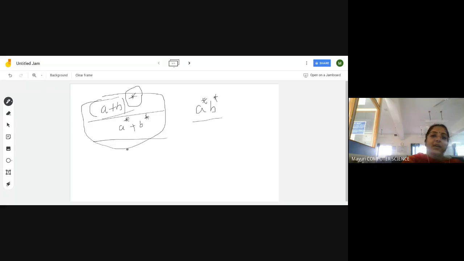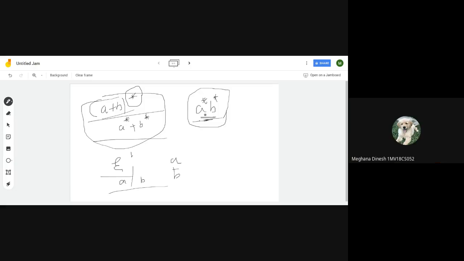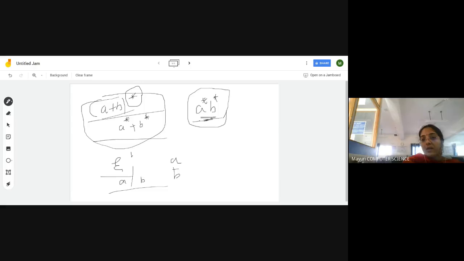I mean, with any number of A's or any number of B's, my strings will be like this: minimal epsilon string, or else length one strings, where I may get either A or B. Either the string may start with A or the string may start with B. But in the other case, it's not so.